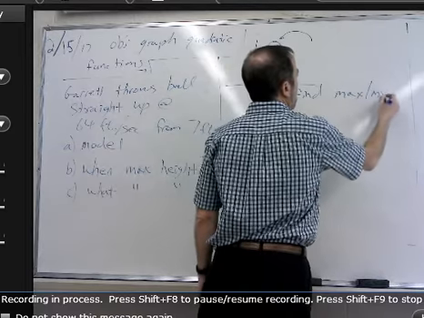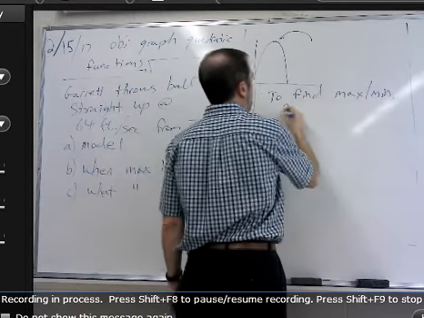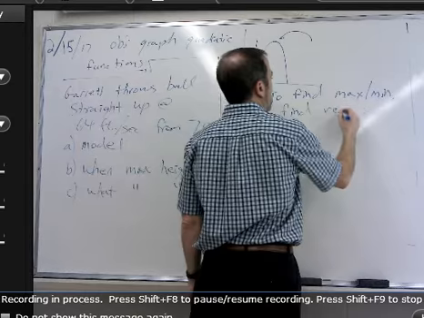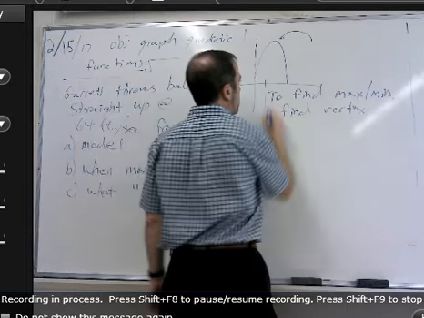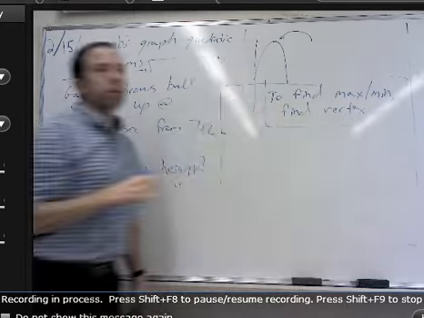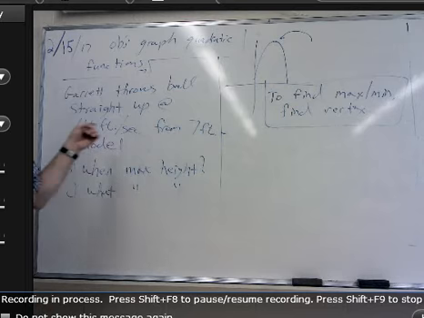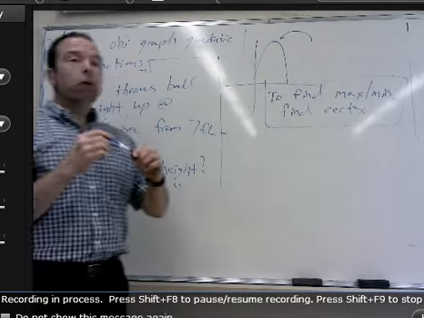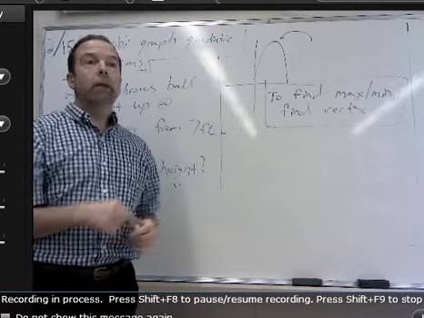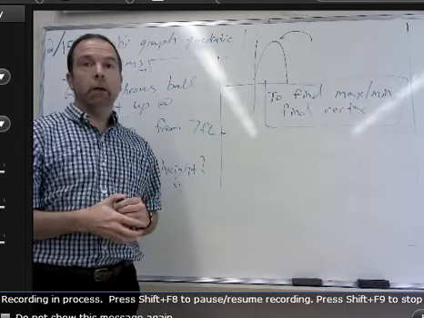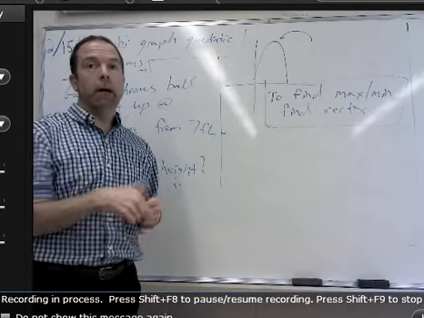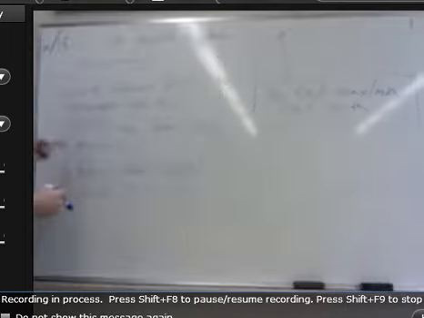So to find max or min, find the vertex. But if you were finding the min, you would change the negative 16 to positive. Correct. And because gravity is always pulling down, that's why we have a negative 16t squared. Okay, so we're going to write the model.